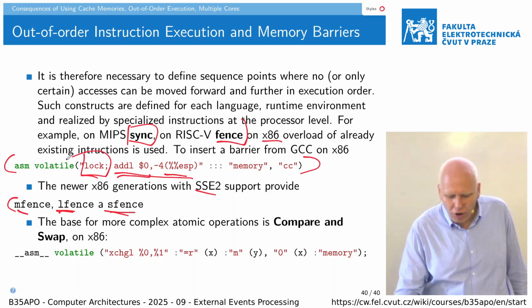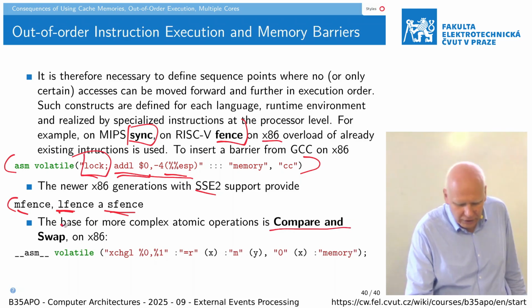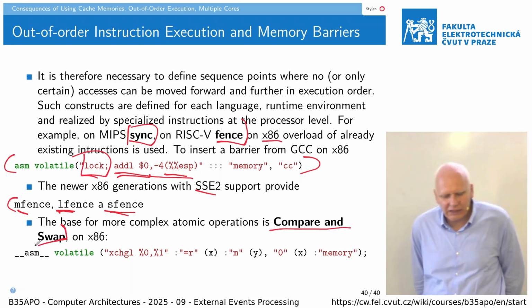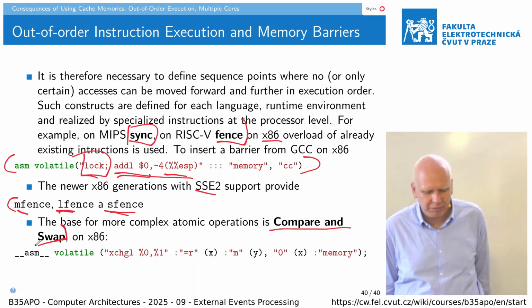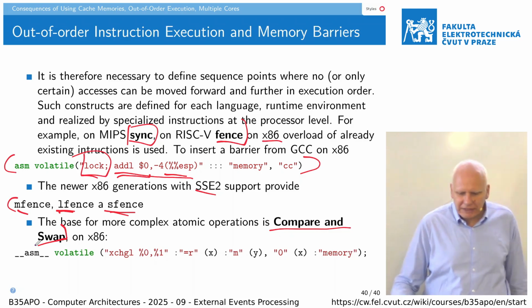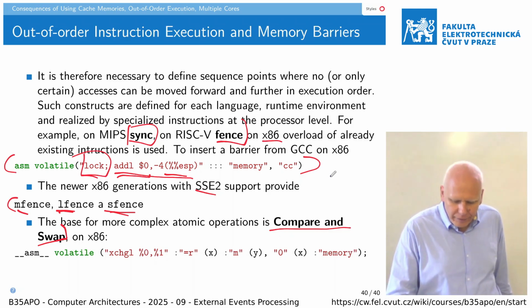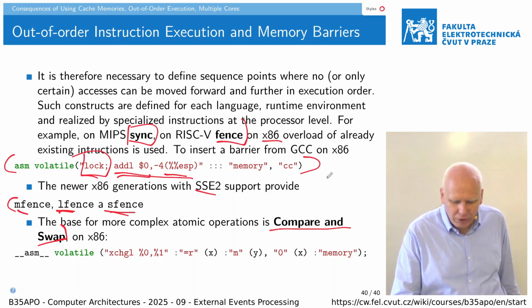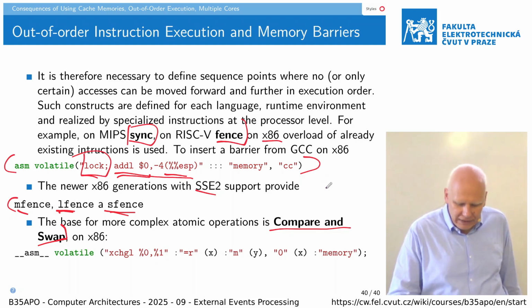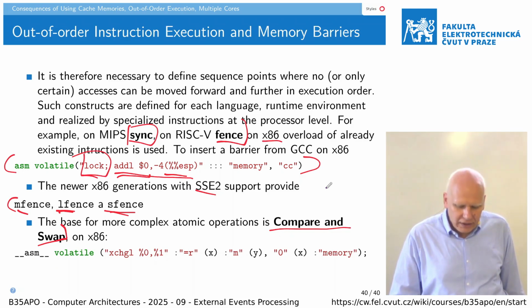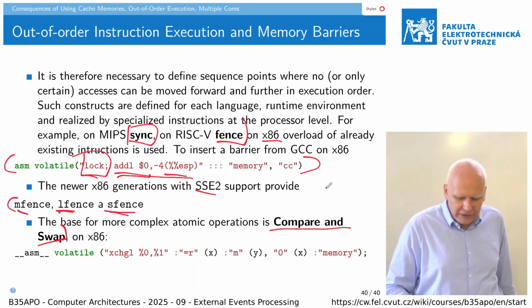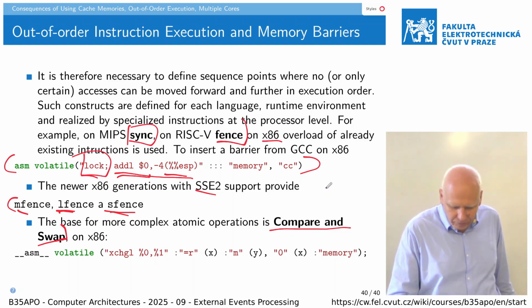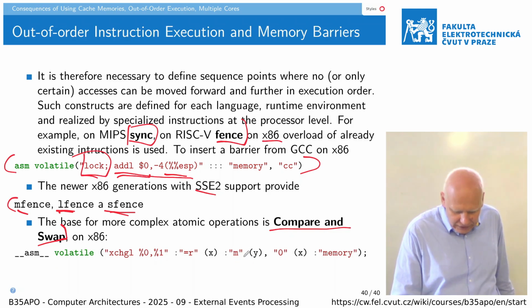But the whole range of those atomic operations can be replaced by a single one, which is compare and swap. Compare and swap means you specify what should be found at some location in the memory, and if we find that value at that location, then we replace the value at that location with the new one. So this is the operation.